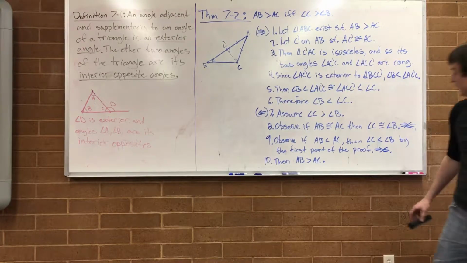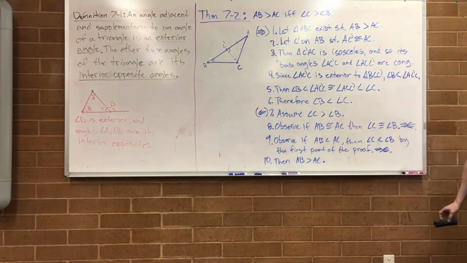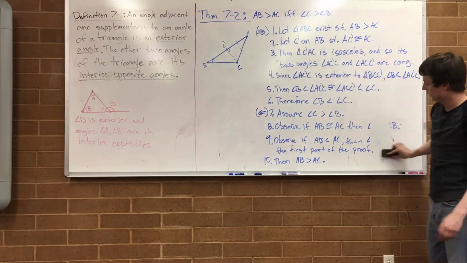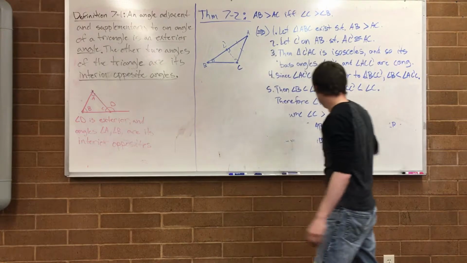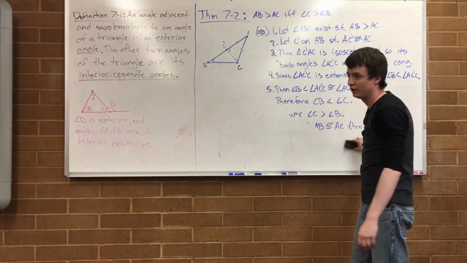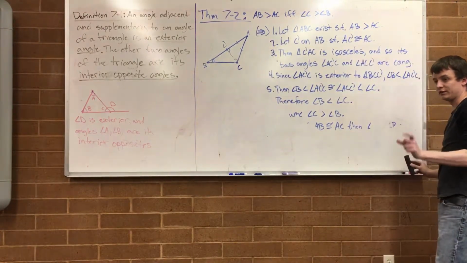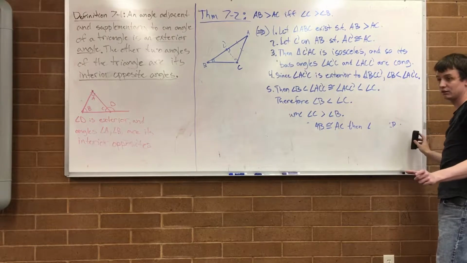Definition 7.2. All right, so theorem 3 is a very, very famous theorem, and it is called the Triangle Inequality. In short, what the Triangle Inequality tells us is that the shortest distance between 2 points is a straight line.